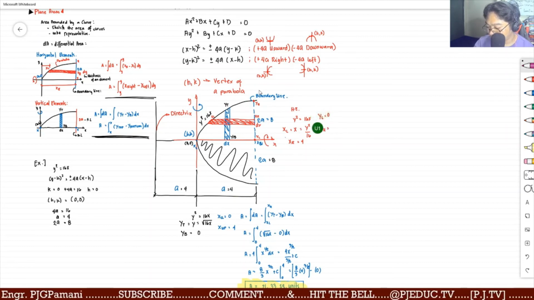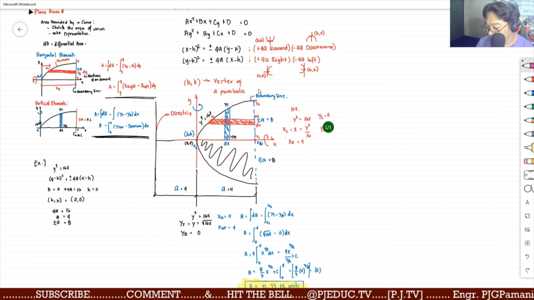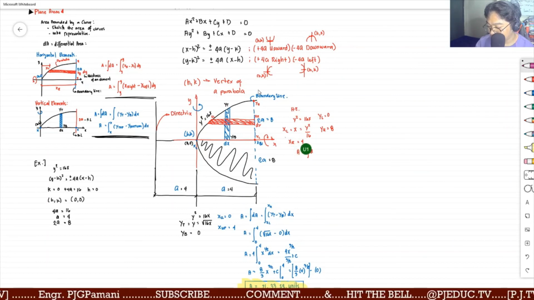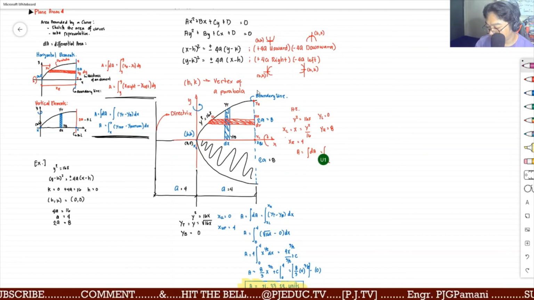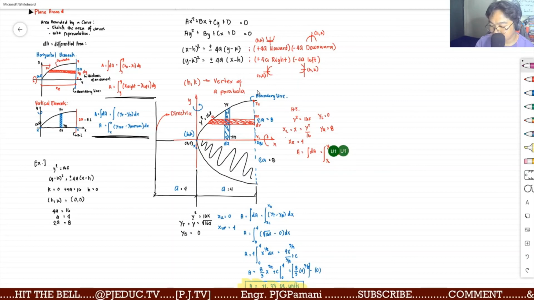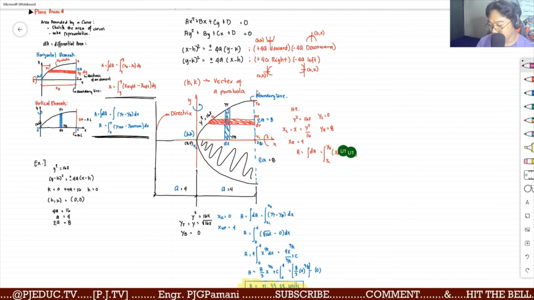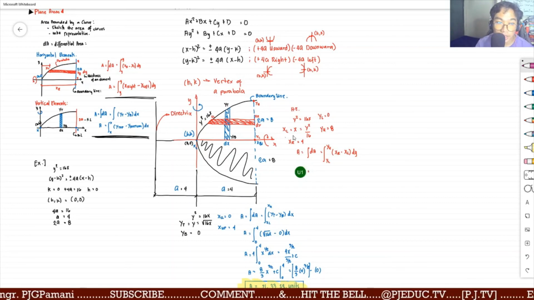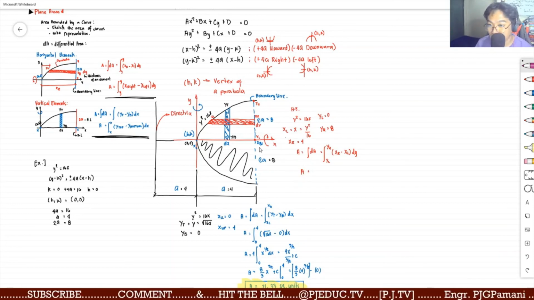Upper limit is equal to 8. Kasi 2a yun, length of focal length. So substitute lang natin sa formula natin for horizontal element. Integral of differential area is equal to the integral of the lower limit YL, upper limit YU, x right minus x left dy. So dapat lahat yan ay in terms of variable y, kasi strip natin is dy.